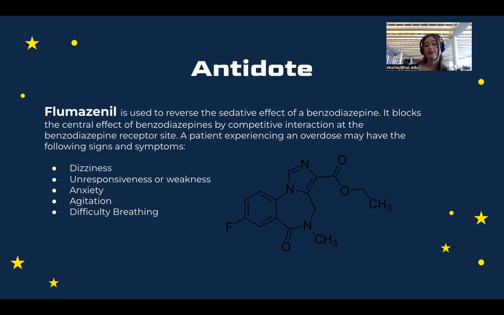It blocks the effects of benzodiazepines by competitive interaction at the benzodiazepine receptor site. And a patient experiencing an overdose on this drug may have the following signs and symptoms: dizziness, unresponsiveness or weakness, anxiety, agitation, or difficulty breathing. And this is just the chemical composition of flumazenil.